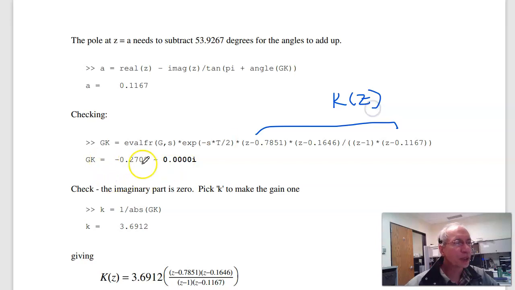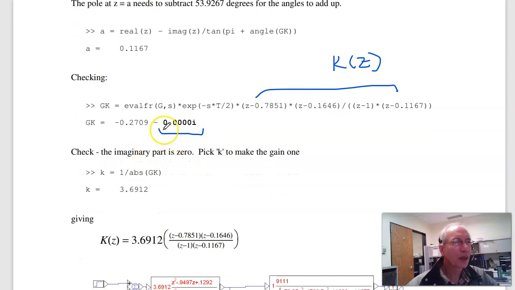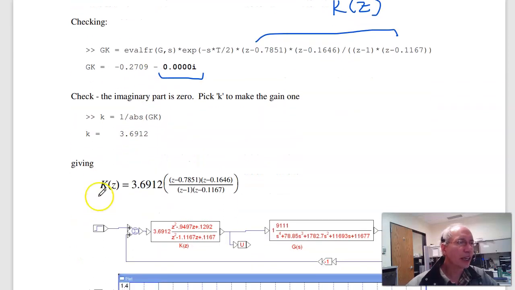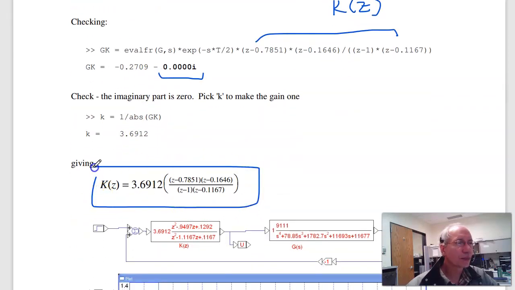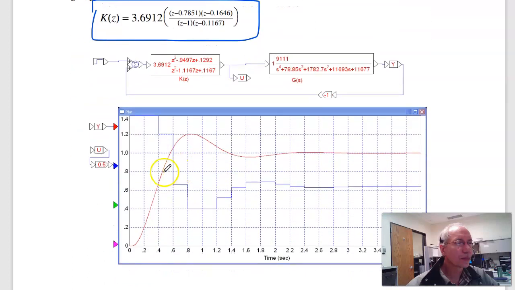Analyze at my design point, minus 2 plus j4 in the S-plane, whatever it is in the Z-plane. And that worked. Complex part is 0. So this is negative real. That point's on the root locus. Pick K to make the gain 1. And here's K of Z. And if I check it, here's your K of Z. You can now see a 200 millisecond sampling rate, 20% overshoot, 2 second settling time, no error for step input.